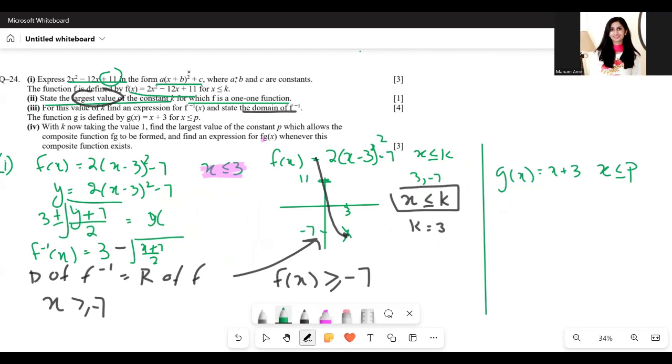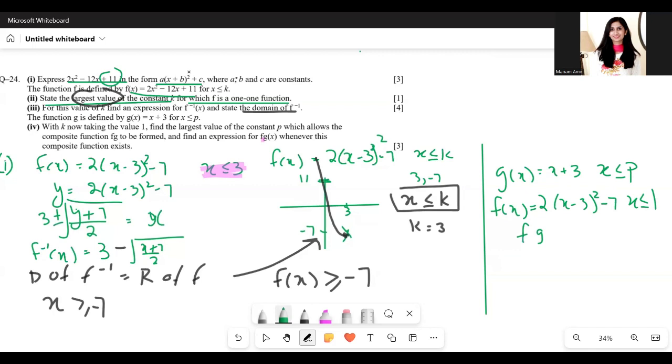With k now taking the value of 1, f(x) is 2(x − 3)² − 7, and it's going to be x less than or equal to k, but k is now 1. Find the largest value of the constant p which allows the composite function fg to be formed, and find an expression for fg when it exists.